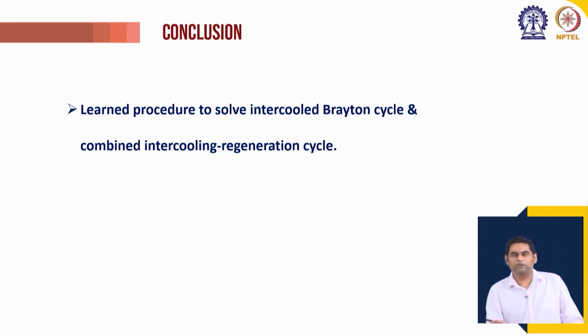And not only that, we also found the values of the performance parameters, efficiency and work output, for a given set of design parameters and compared the values with all the other cycles we have discussed till now for the same values of design parameters, and we have seen how the efficiency and work output are different from the other cases. We have seen that efficiency is highest among all the cycles discussed till now, whereas the work output is in between two extreme cases. So, it is intermediate between the reheat cycle and the simple Brayton cycle.